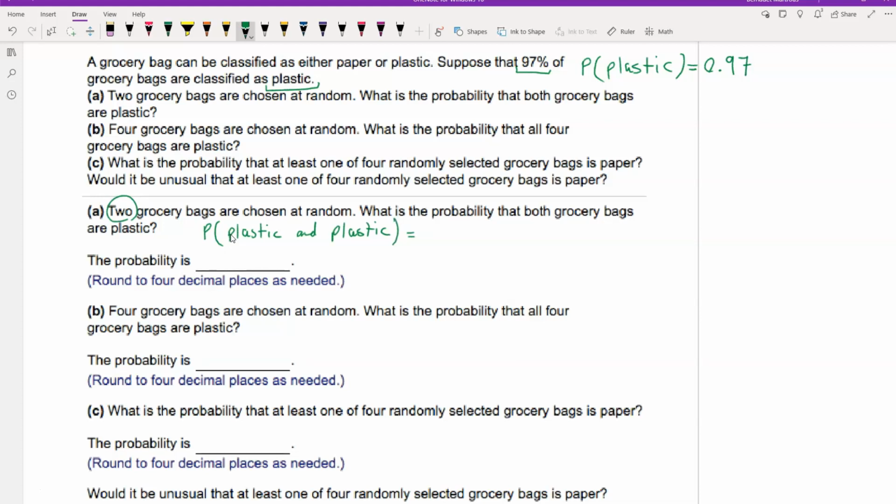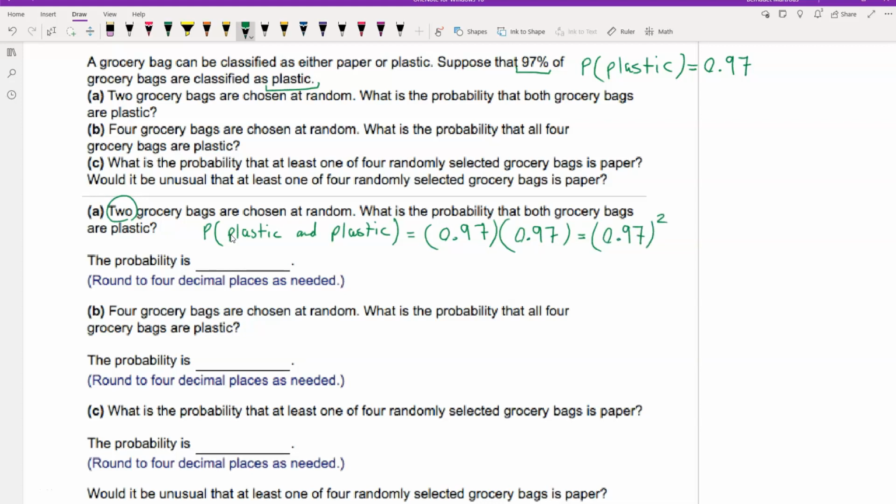So that is equal to probability of plastic, 97%. We have to multiply this number by itself 2 times because of having 2 grocery bags. Or use power. So 97% to the second power.